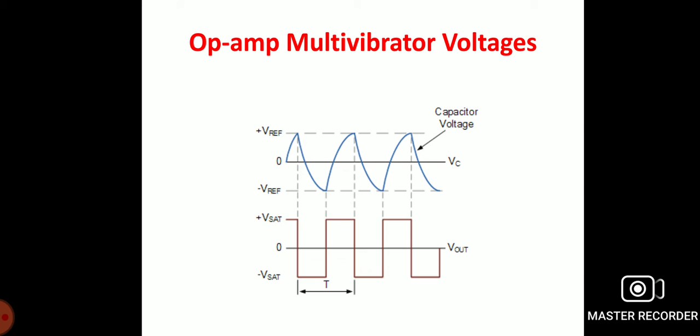The operational amplifier once again changes state, and the output is driven to the opposing supply rail voltage, the positive saturation. The capacitor now sees a positive voltage across its plates, and the charging cycle begins again. Thus, the capacitor is constantly charging and discharging, creating an astable operational amplifier multivibrator output.